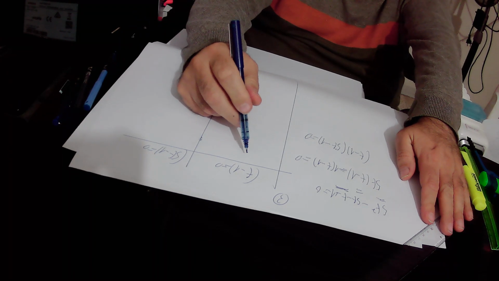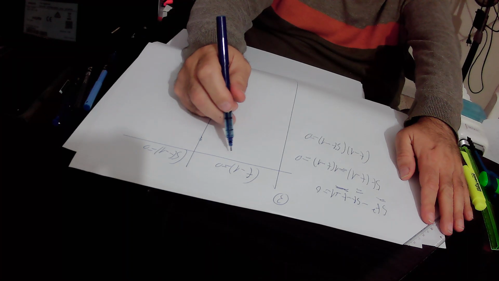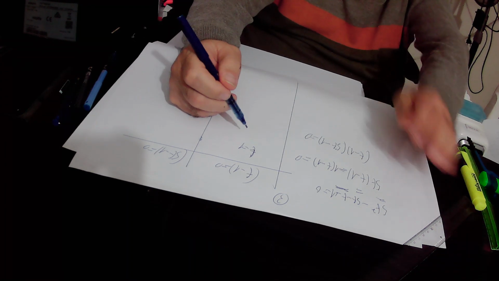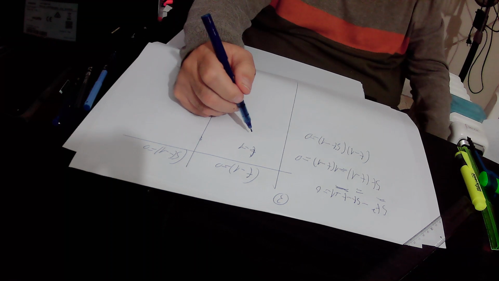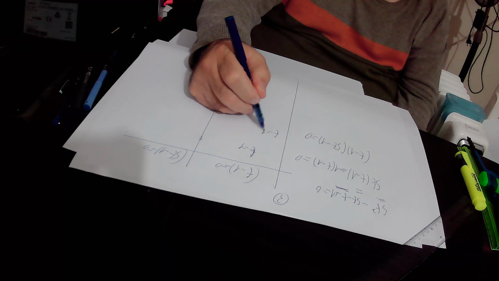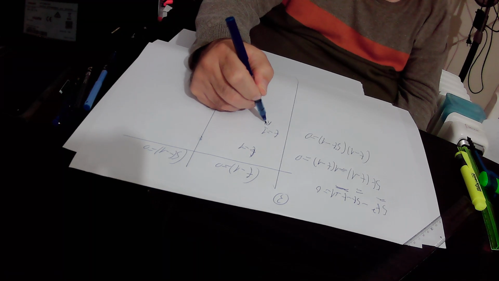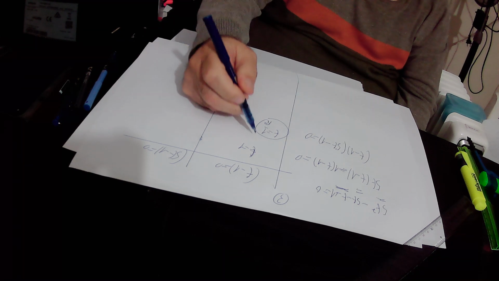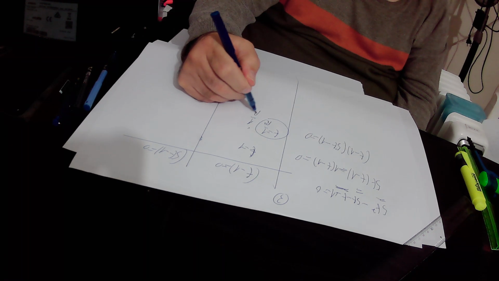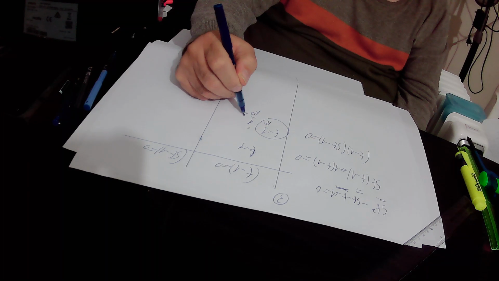So t minus 1 equals 0, therefore t equals 1. According to our definition, t equals 1 over r squared. So we substitute t here by 1 over r squared, so 1 over r squared is equal to 1.